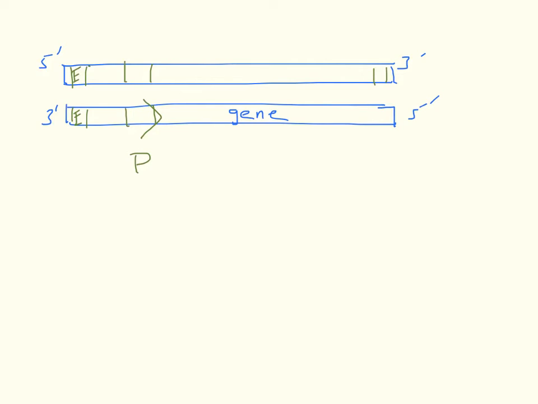So what has to happen at the promoter? What needs to happen here? We need these general transcription factors to bind. Then the enhancer proteins come in.